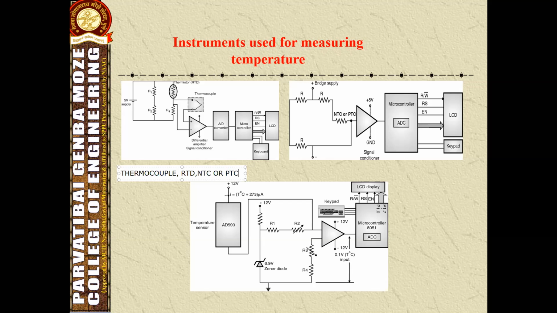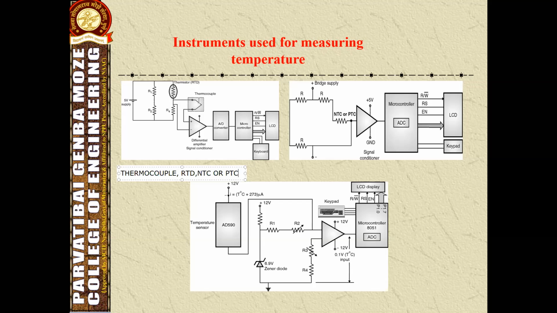What is the thermocouple? The thermocouple contains two wires of dissimilar metals. One junction is at the temperature to be measured and the other is the reference temperature, which is the surrounding room temperature or ice temperature, 0 degrees Celsius. This figure shows the thermocouple.